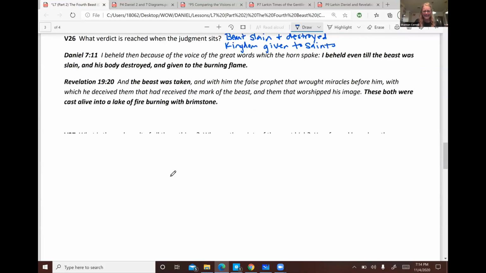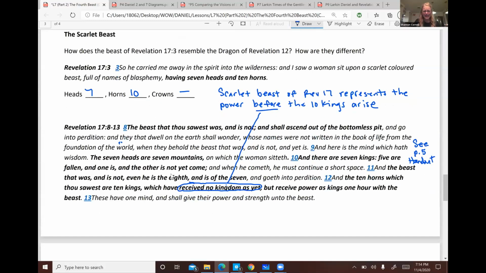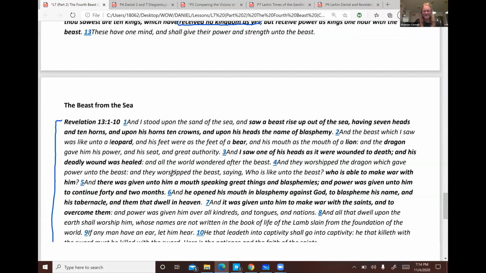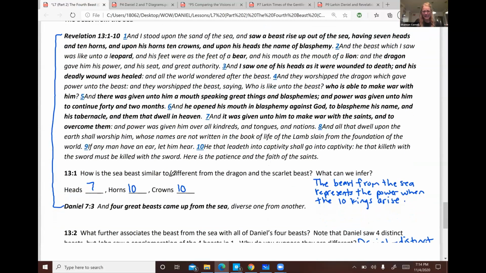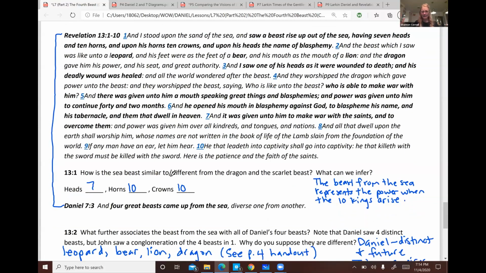So this beast rising up out of the sea of Revelation 13 is the very last phase of the beast. You can see it as a collective governmental empire, but all of that power is eventually going to be focused. Daniel told us it was a little horn. Revelation 13, we're going to see all of that focused into an image, okay?